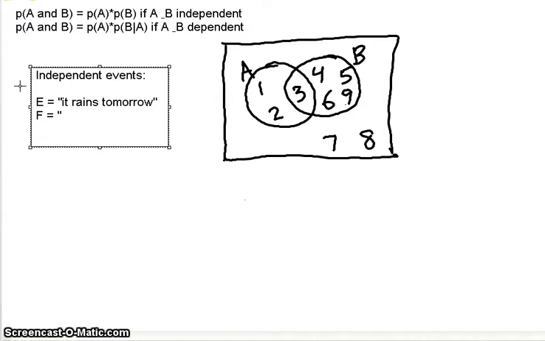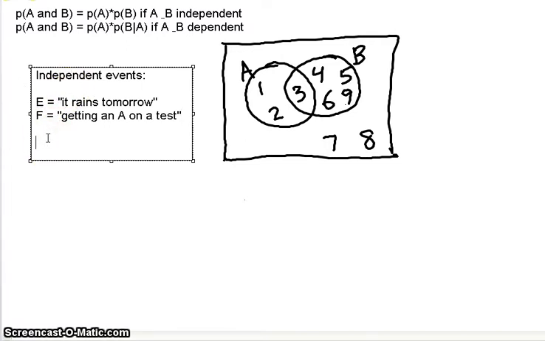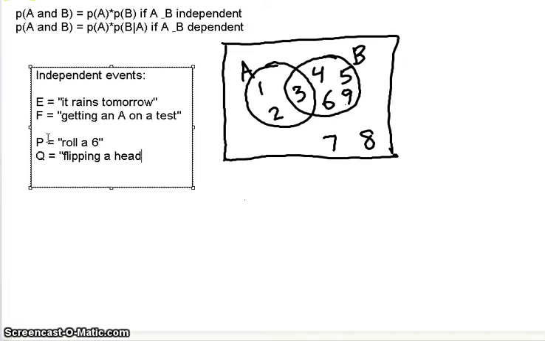Event F is getting an A on a test, assuming your study habits have nothing to do with the weather. Those are independent events. Or roll a 6 on a die, and Q is flipping a heads. These two events have nothing at all to do with each other.